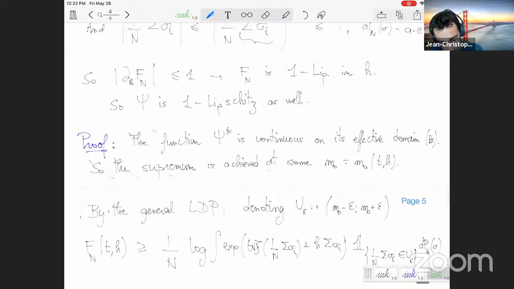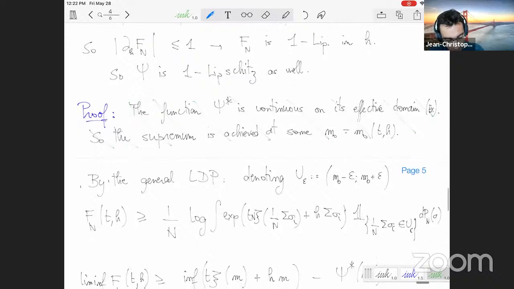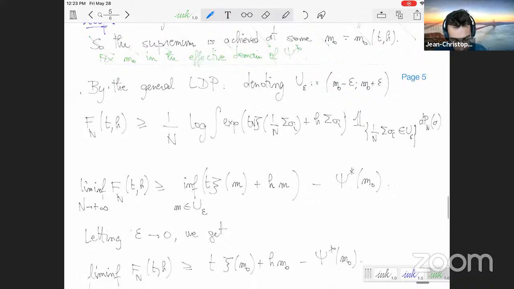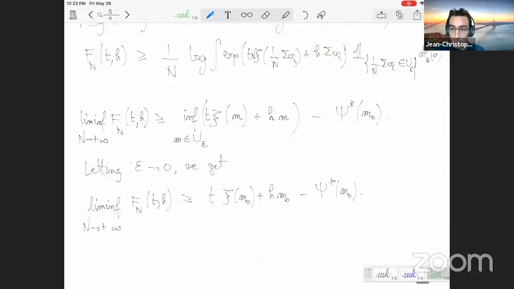It's true, but just to make the proof more agreeable, let's say fix M naught in the effective domain of psi star. And then the rest works. And then here I can take the supremum.